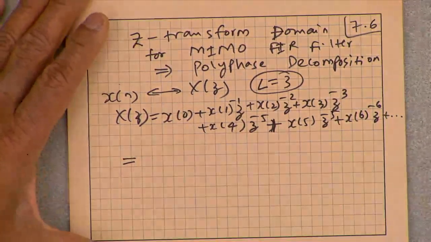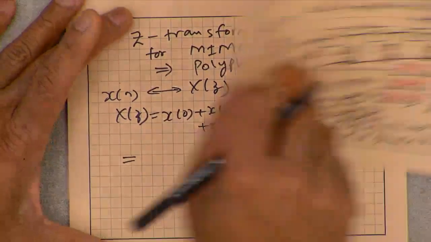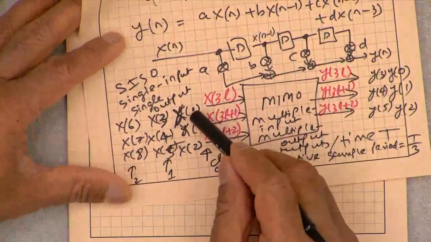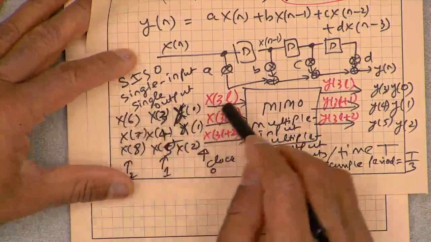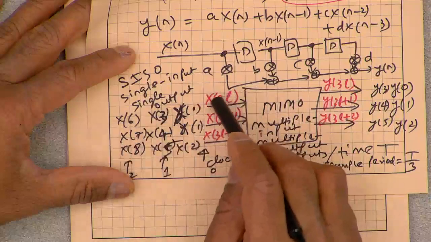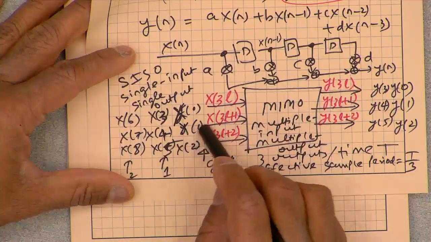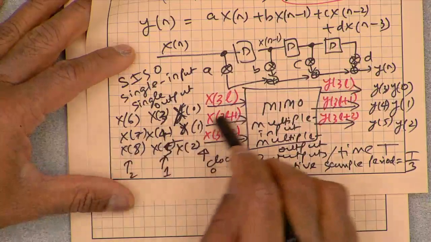One phase will have input samples number 0, 3, 6. Collect all the terms containing samples 3L. That's the first polyphase. Samples 3L plus 1, that is 1, 4, 7, that's the second polyphase.